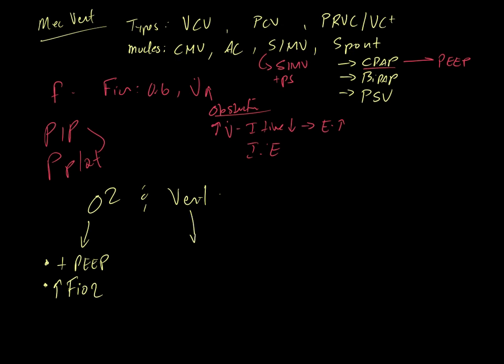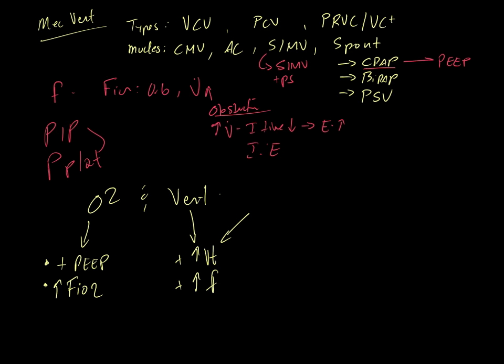With ventilation, how do we change ventilation? Increase tidal volume, good, so you can increase your tidal volume or increase your rate, or decrease the rate depending on what's going on. Excellent. And in pressure control ventilation, can you set a tidal volume? Yeah, in pure pressure control, I'm not talking about hybrid, PRVC.